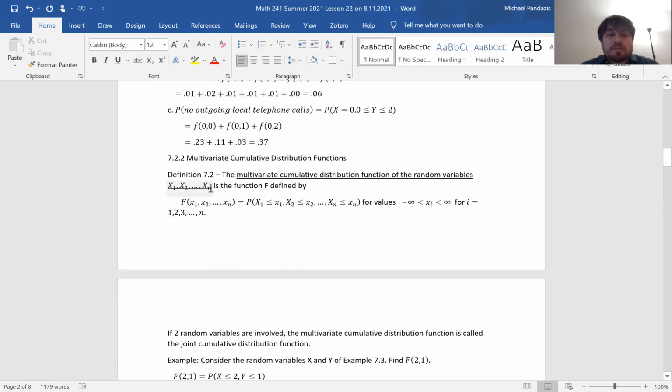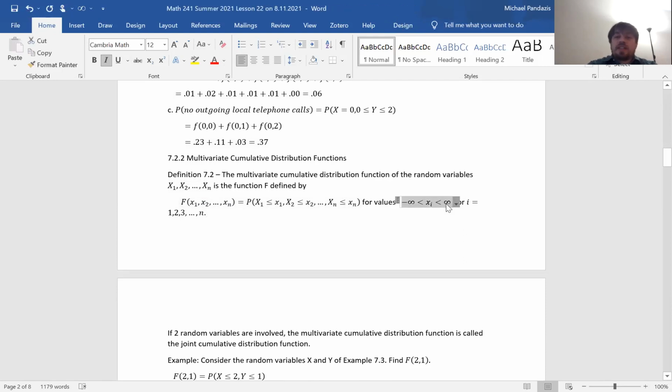I'm not going to underline it because I don't want the underline to go over the indices. So capital F of x1 to xn is the probability that the random variables capital X1 to capital Xn are at most little x1 to little xn respectively, where the little x's are finite values.